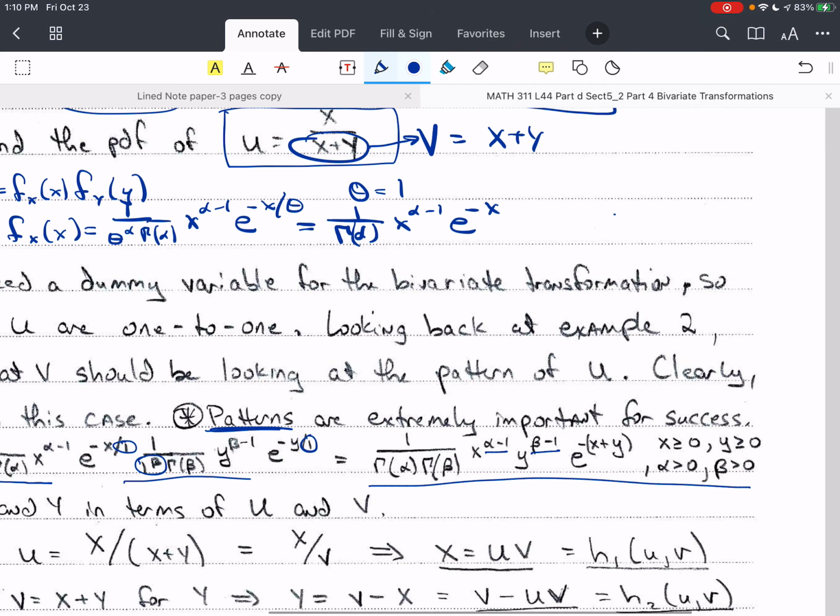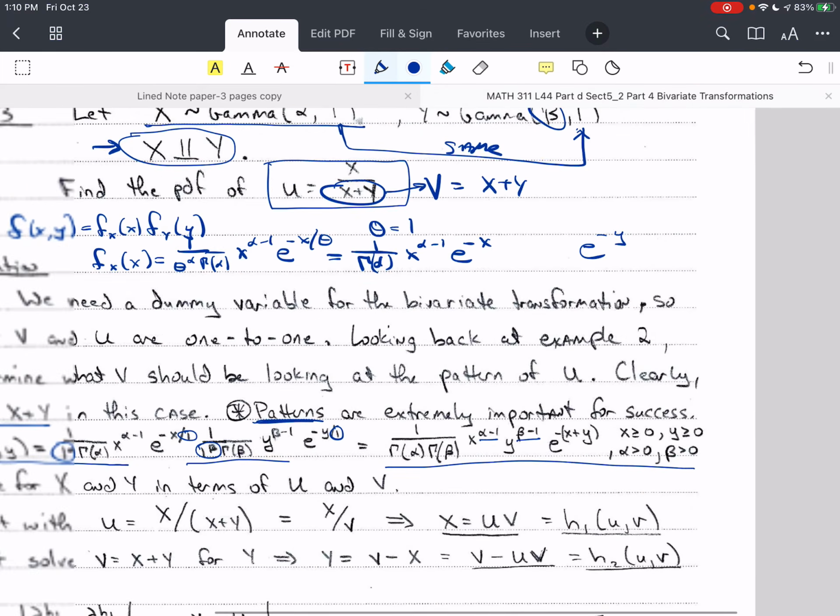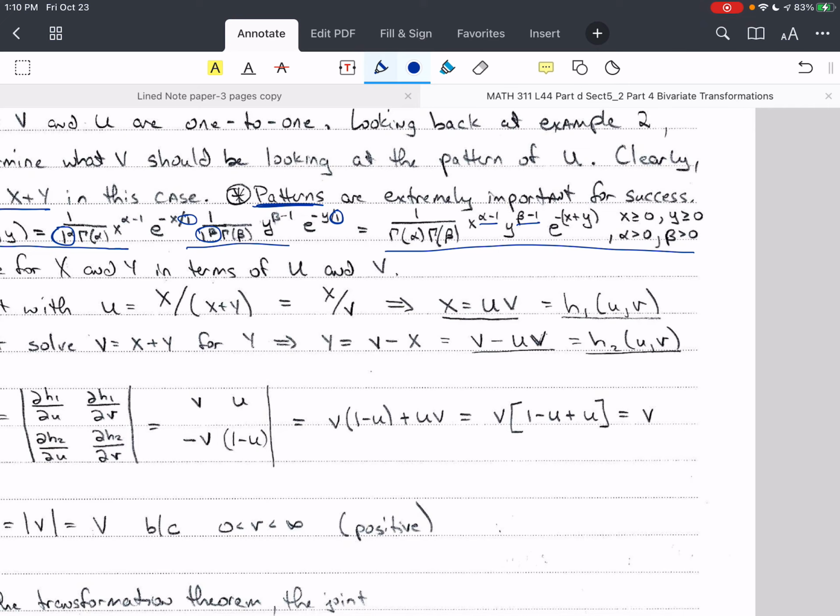Because we have e to the negative x and, for the y, we'll have e to the negative y. We can add those exponents, right? Okay. So that is what I've done. And we have x is greater than 0, y is greater than 0, alpha and beta are greater than 0. We know theta, which is 1, so we don't have to put anything for that.